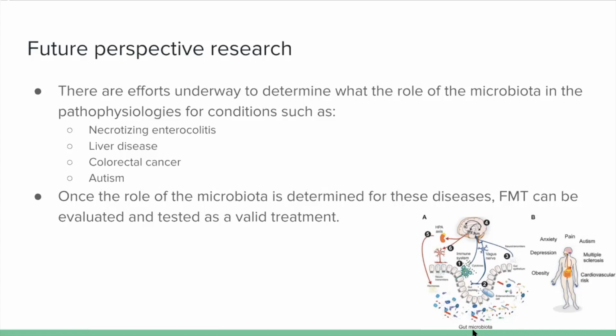In addition to this, there have been many observations of patients being treated with FMT who have noted improvements in conditions that are seemingly unrelated to the microbiota in our gut. An example of this is something like a peanut allergy. There have been some stories of FMT actually helping with that.